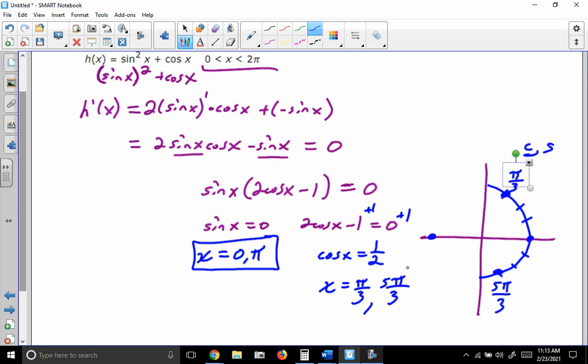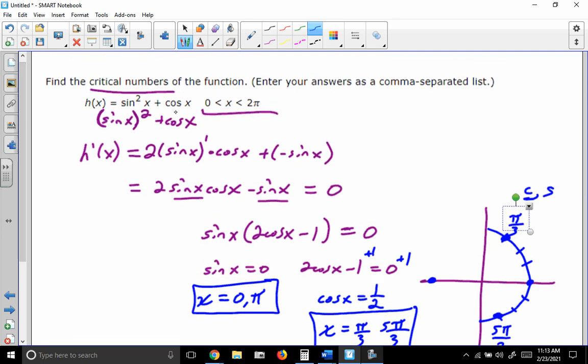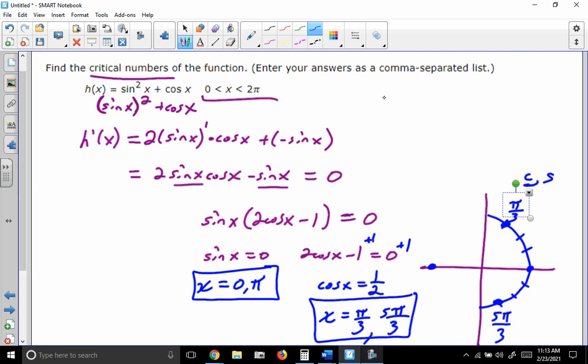So these are the values for which, if we were to graph this function, we would get our critical numbers. This is where our slope is equal to 0. That's where we set our first derivative equal to 0, which is where our slope equals 0. So those are our critical numbers.